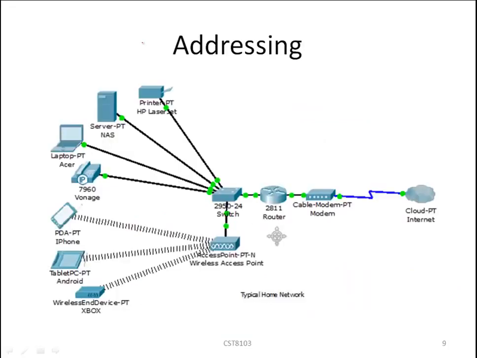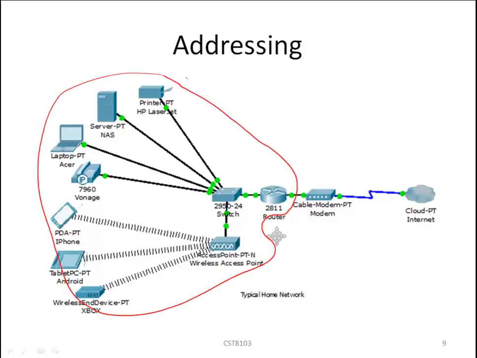Another example here, let us look at the address or the components for your home network. So your home network is very likely to have a 192.168.1.something /24.